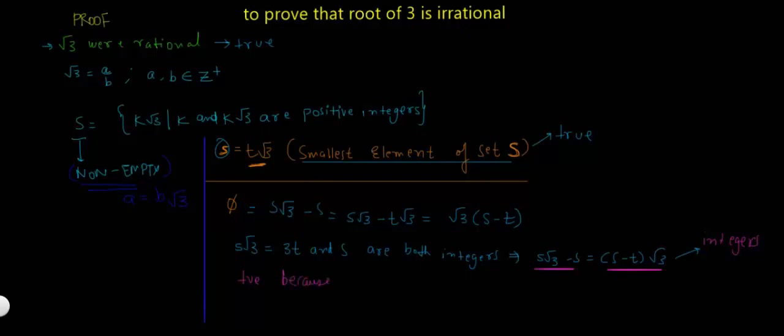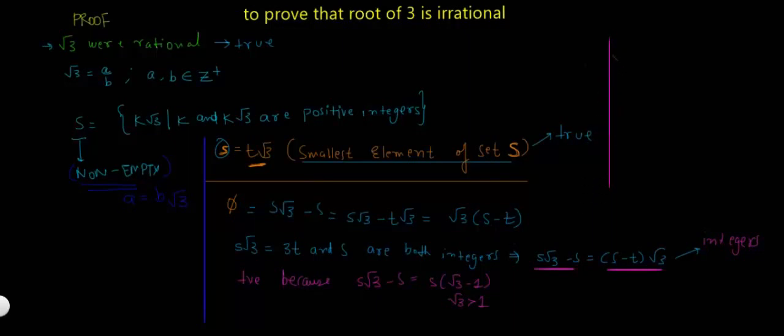s root 3 minus s is equal to s into root 3 minus 1, and we can clearly say that root 3 is greater than 1. Now if we don't know the value of root 3, how do we know it? There is a method.